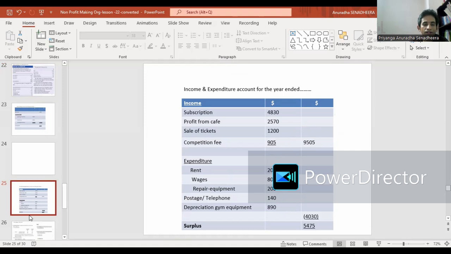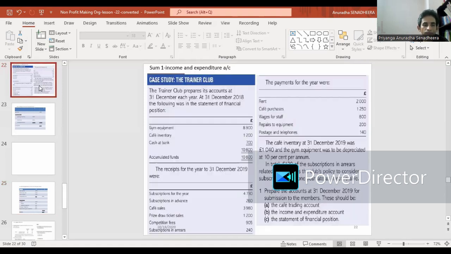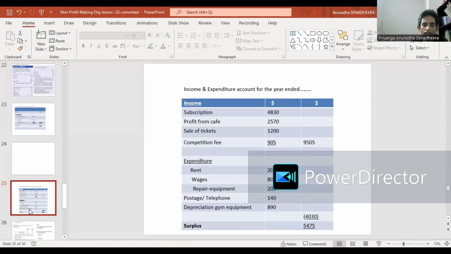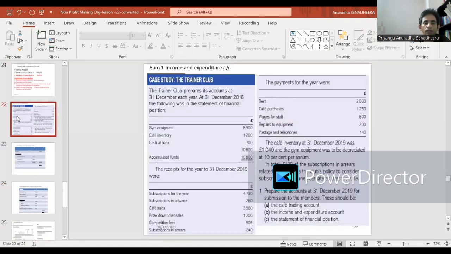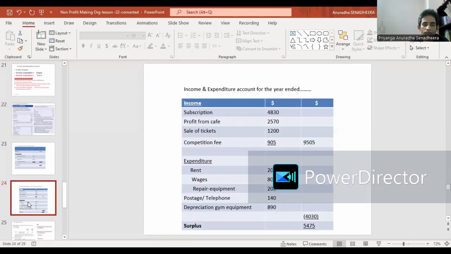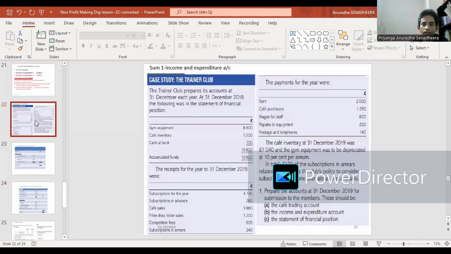And when you look at the expenditure, you get rent, 2,000. Then you get wages to staff, 800. Then you get repairs and postage and telephone.